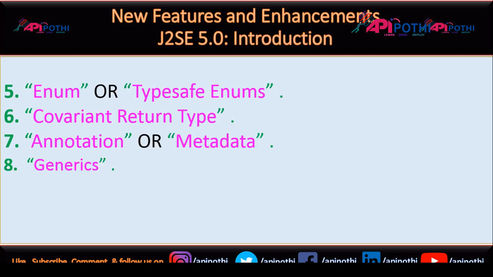Now coming to the fifth feature, which is enum. Enum is also a most commonly used feature in Java. But before enum we had the constant class. Basically we define public static final fields inside the class, just to make sure that this class is our constant class.